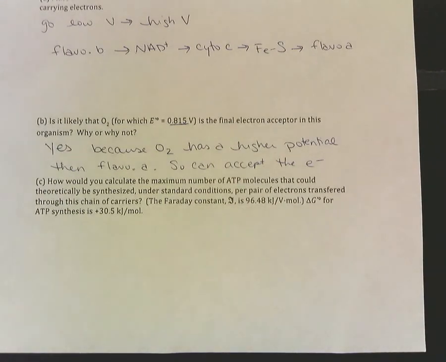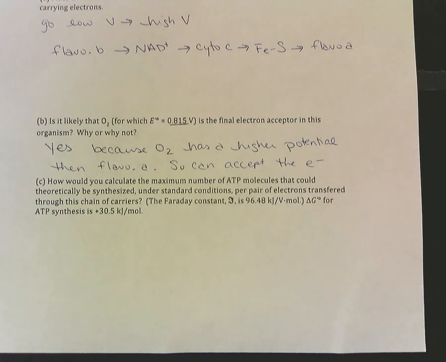How would you go about calculating the possible number of ATPs that could be generated from this electron transport chain, knowing the electron chain, its initial and final potentials, and the Faraday's constant and delta G? So, right, 2 parts.